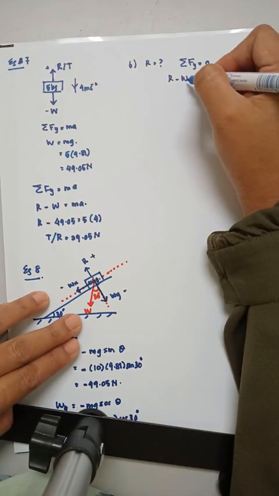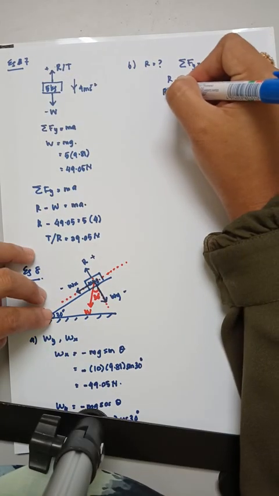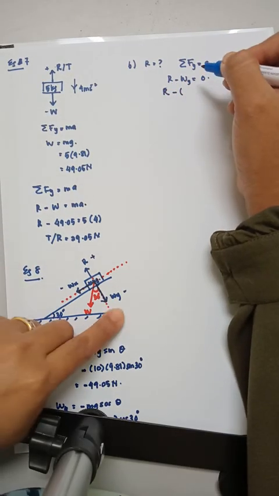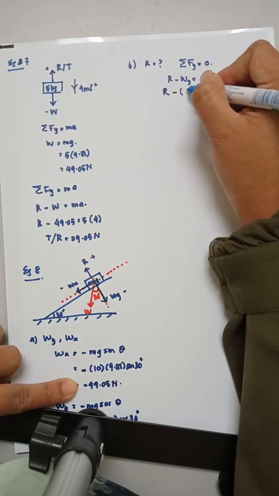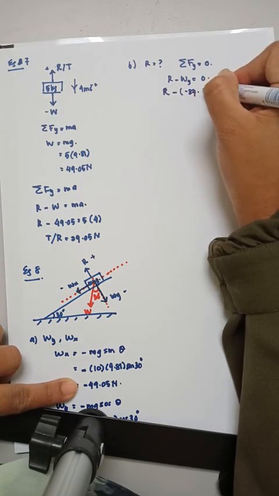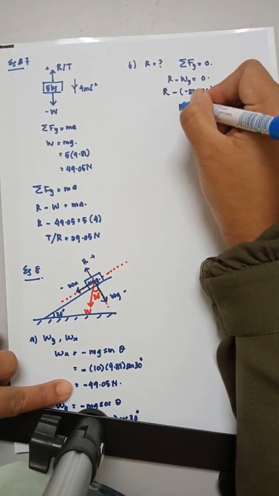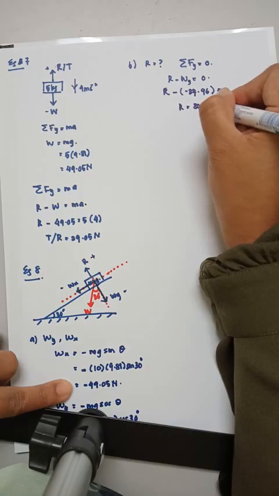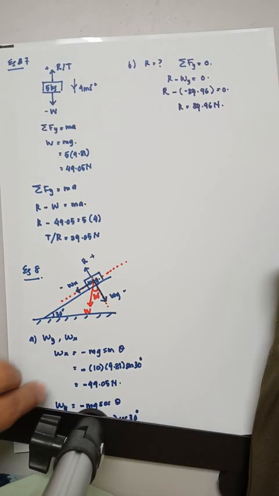Okay. W apa? WY. Okay. R ni kita nak cari, minus WY tu negatif. So, negatif berapa? Negatif 84.96, equals 0. Barulah dapat R tu positif. Okay.